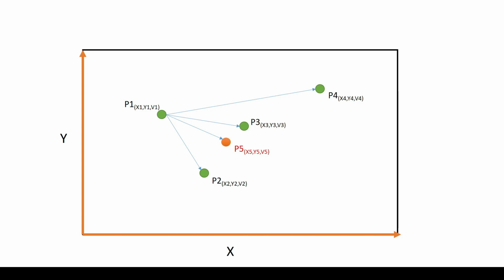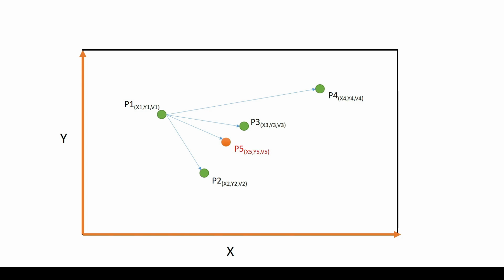So let's go and see the mathematical operations that we need to cover in order to estimate that P5 using ordinary Kriging, because there is simple Kriging, universal Kriging, and so on, and each one of them has something different. For example, in simple Kriging, it's going to assume that we know the global mean, and we're going to use that and also some residuals in order to estimate P5.